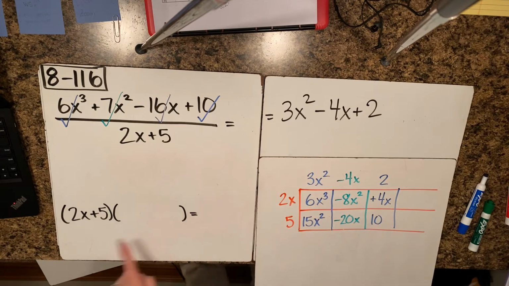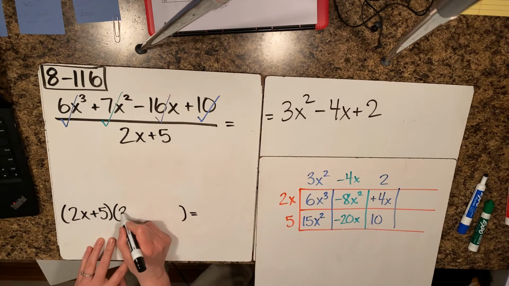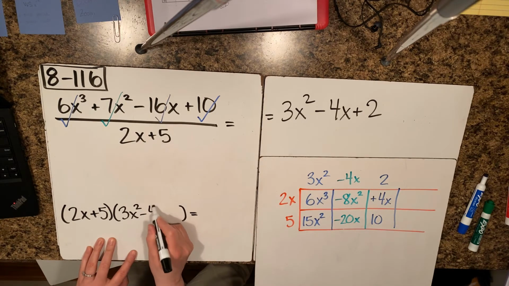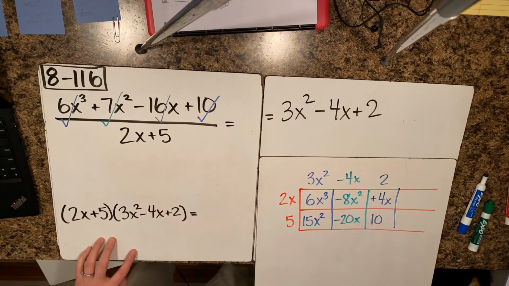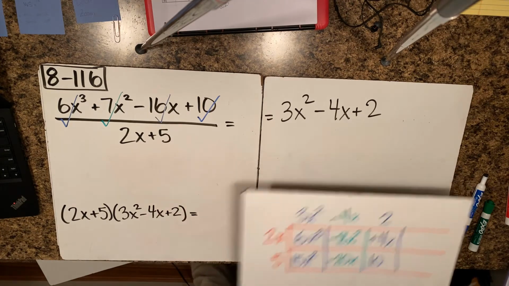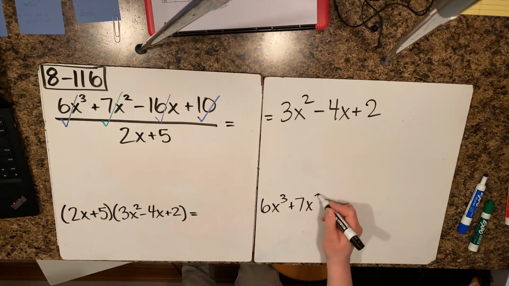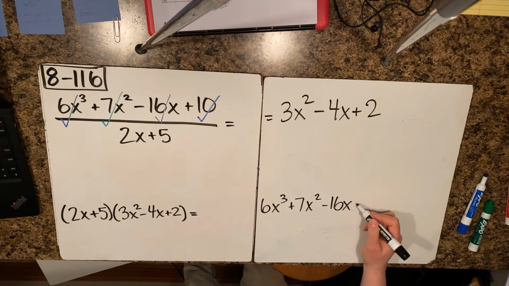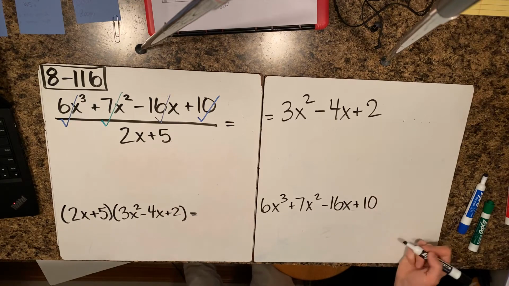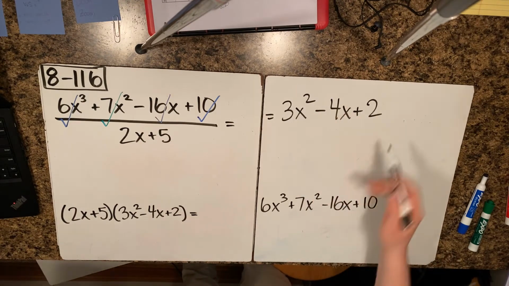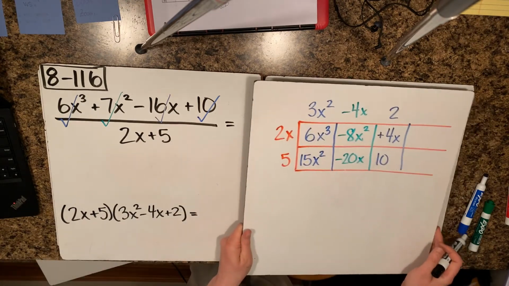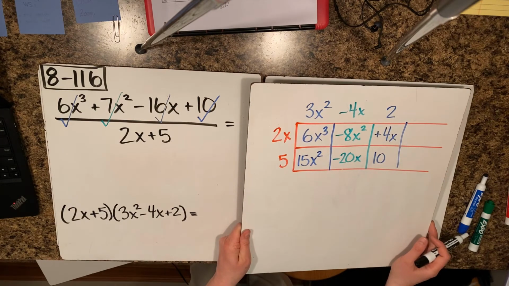What's the product? 2x plus 5 times 3x squared minus 4x plus 2. What does that equal? It equals the sum that's in the middle: 6x cubed plus 7x squared minus 16x plus 10. So there's my answer. This is how I use PolyDoku to do polynomial division.